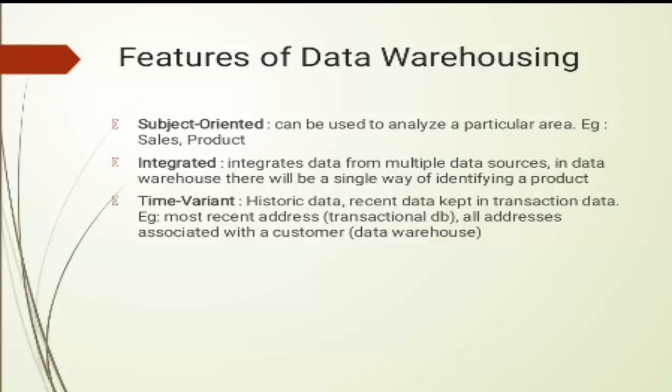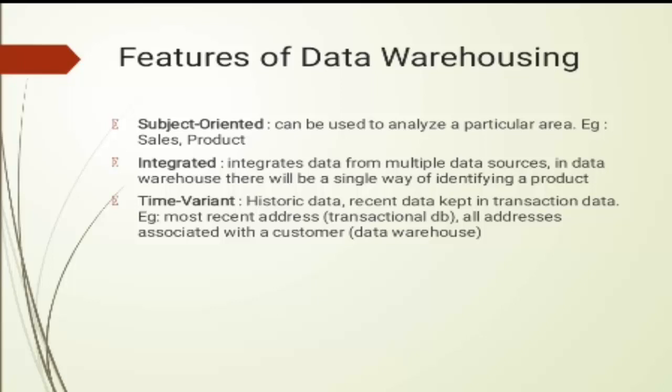A data warehouse consists of a lot of features which are the primary reason for its popularity nowadays. The first and foremost feature of a data warehouse is that it is subject oriented.